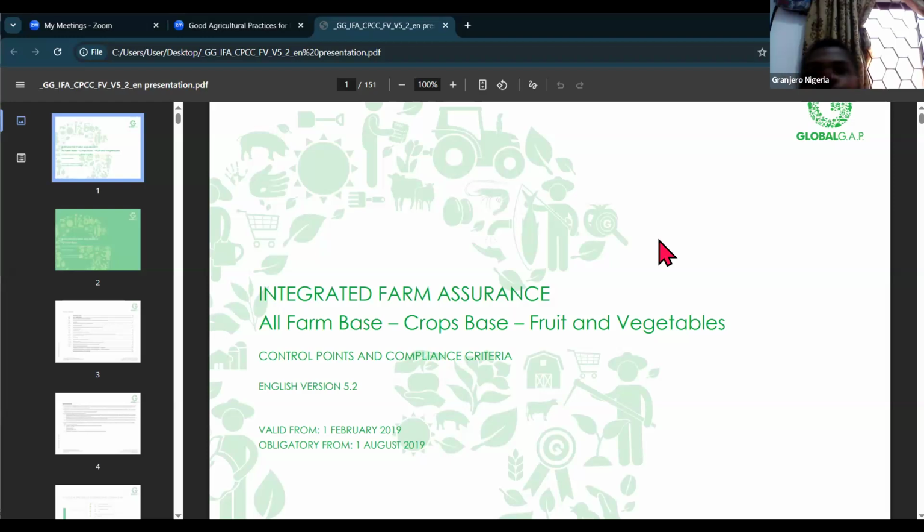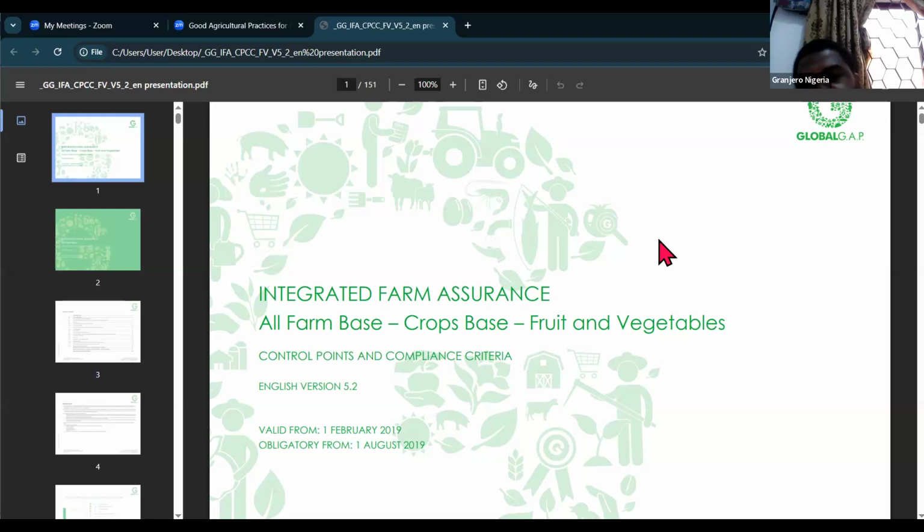Afterwards, you begin to invite an auditor to come and assess your level of preparedness for you to trade with your buyers internationally, with structured markets, so to speak. Now, like I said, this document is for GLOBALG.A.P. There are other documents. It depends on who you're trading with.